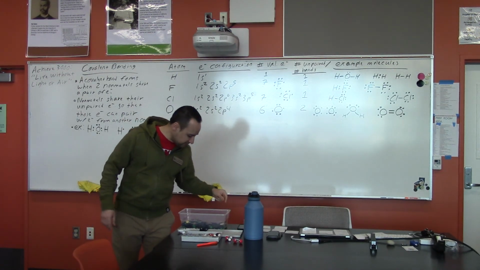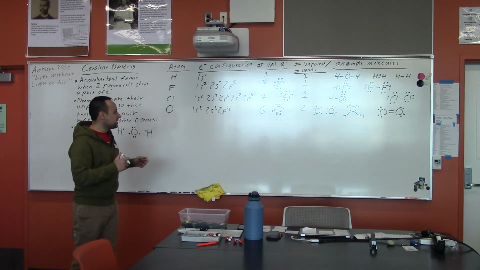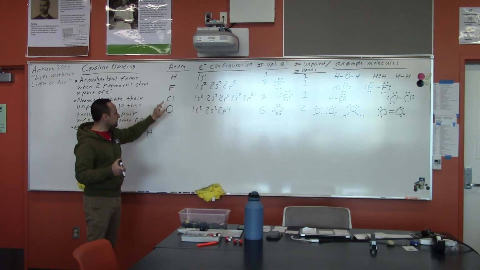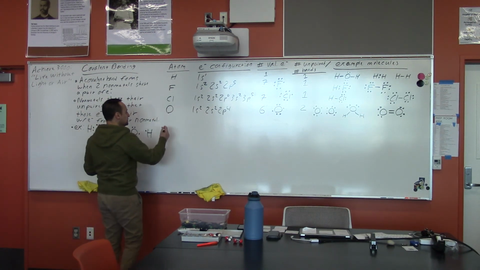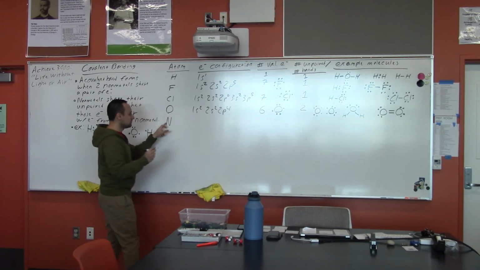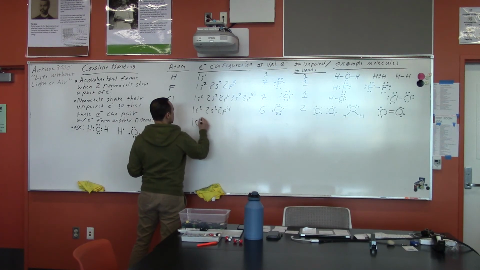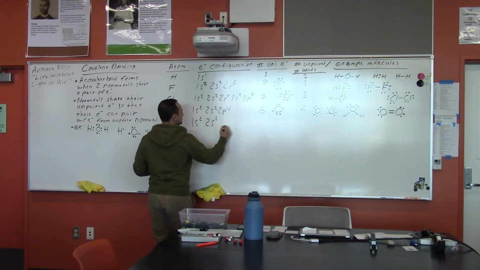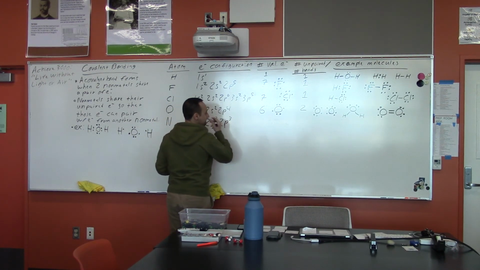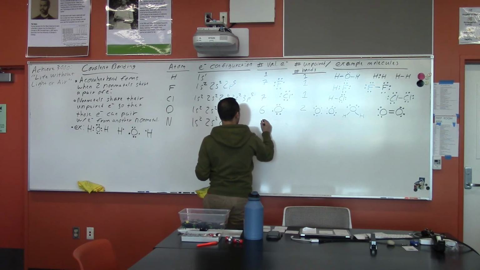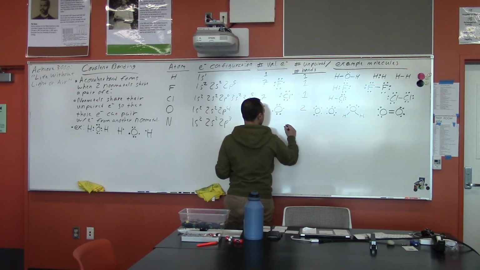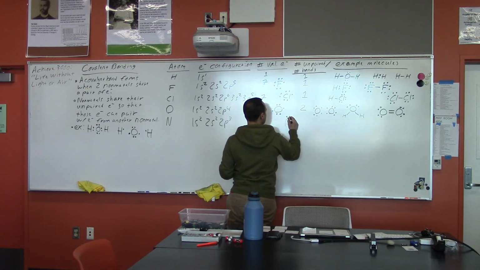But what's also very interesting is that in addition to hydrogen and oxygen, we also have nitrogen, okay? And his electron configuration is 1s2, 2s2, 2p3. And so he's got 5 valence electrons, and his Lewis dot structure looks like this.